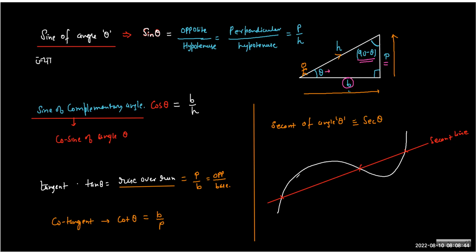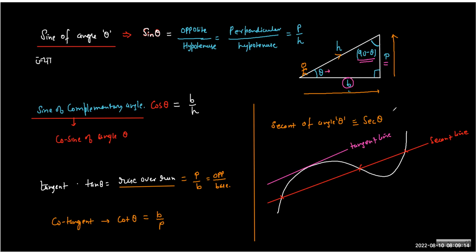And what is tangent? A line which intersects at only 1 point, or touches the curve just once. So this is called a tangent line. Of course, the secant line and the definition of sec are slightly different.